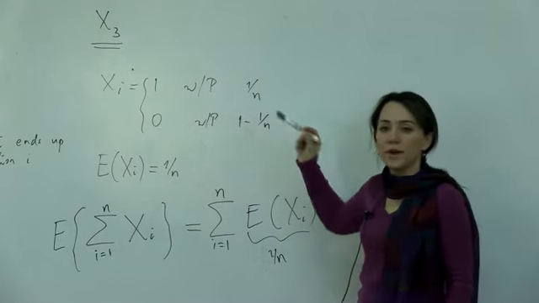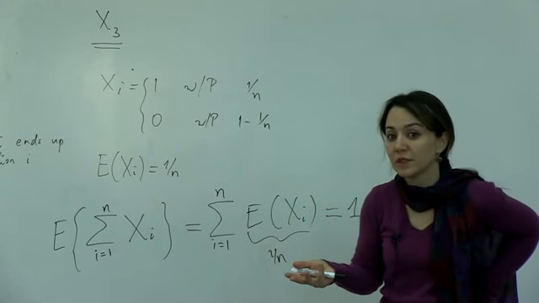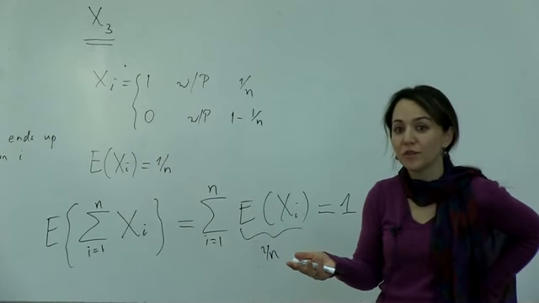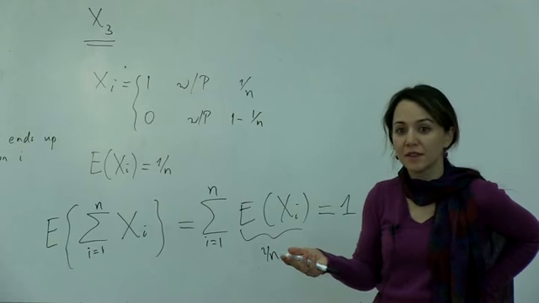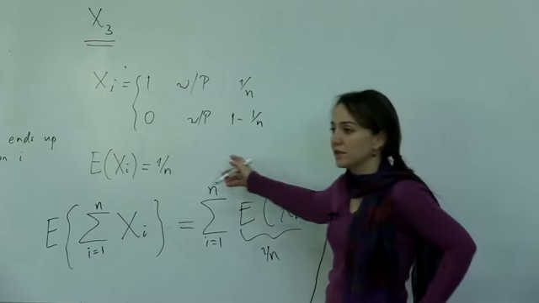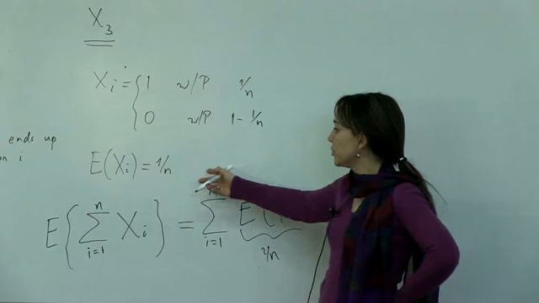Now, xi is a Bernoulli random variable with parameter p, the probability of xi being 1, which in this case is 1 over n. Let's write a computation for this.